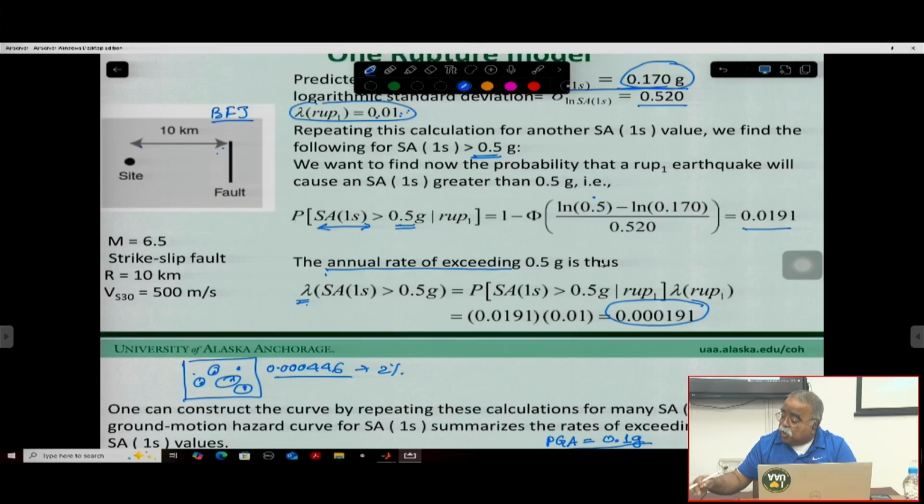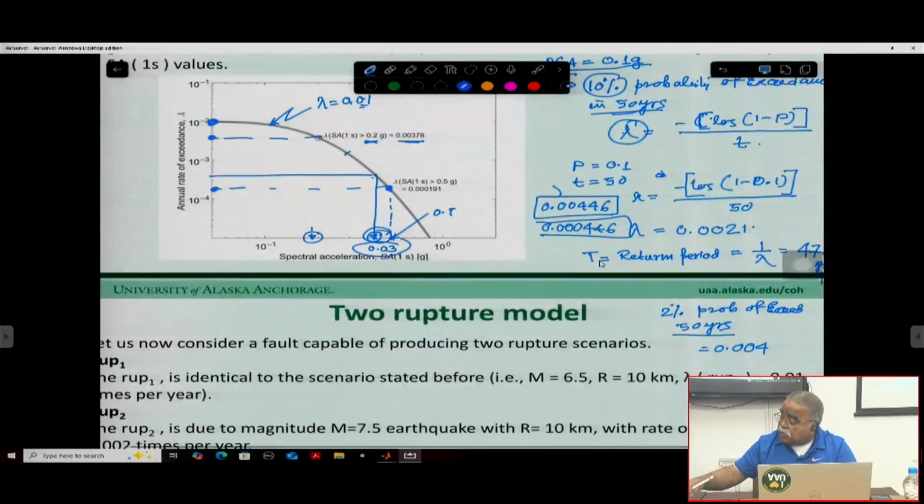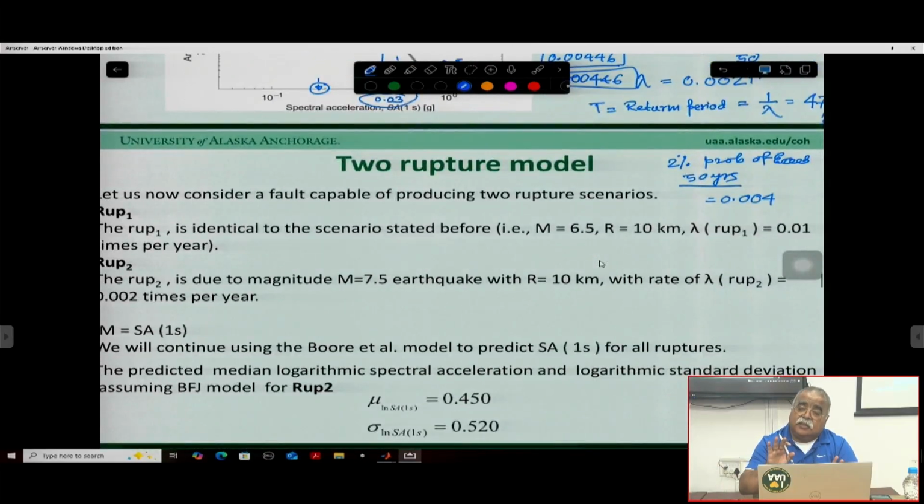Or might be 0.02, then what is that number I am calculating? But instead, we are giving a constant lambda, and then we are saying that if that is the lambda, then what will be your exceedance values? So that means someplace might be 0.5, someplace might be 0.2, someplace might be 0.01. So that's what we are trying to assign.